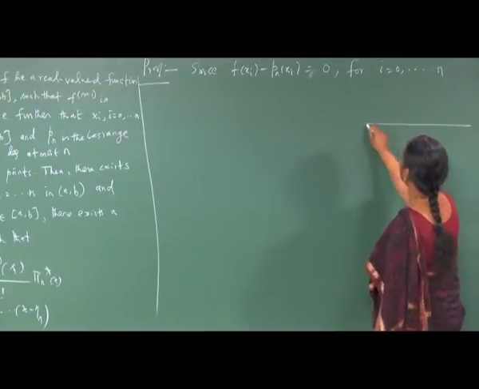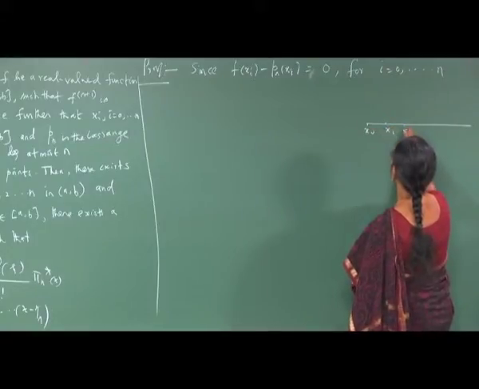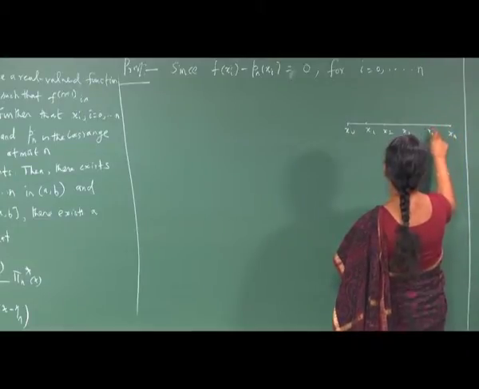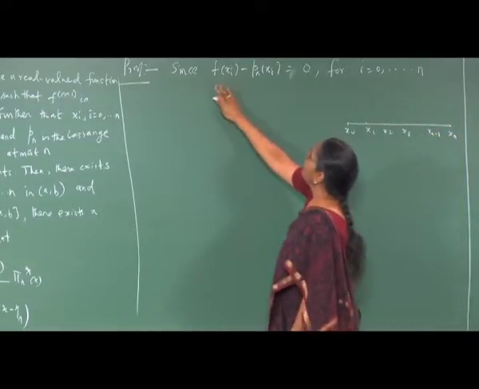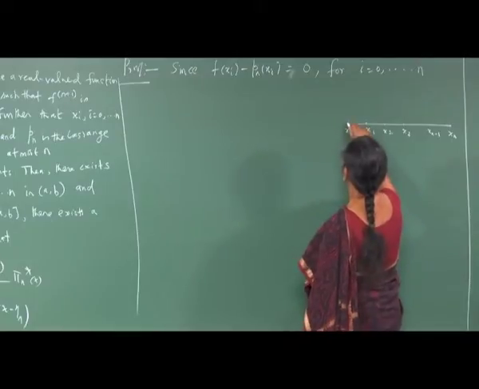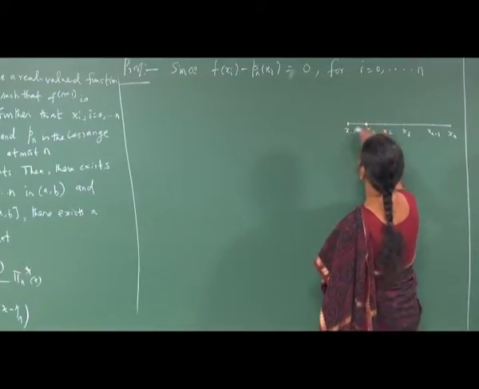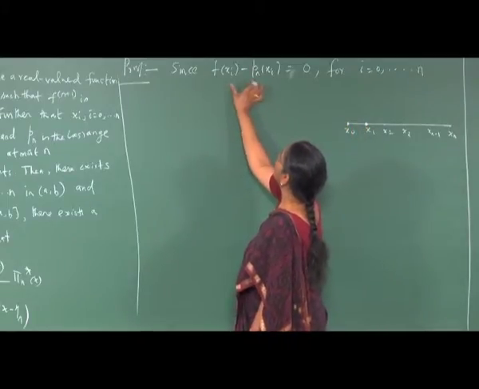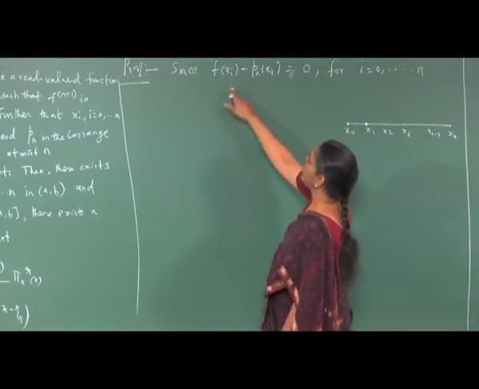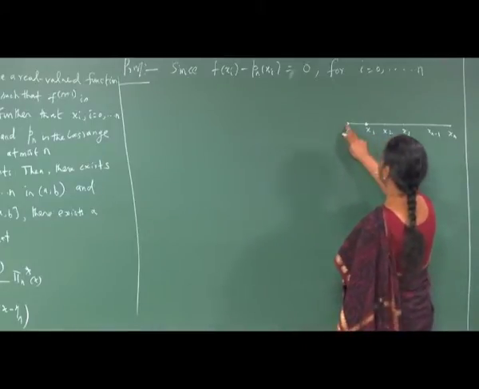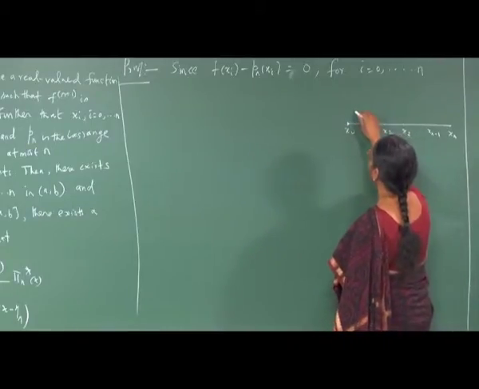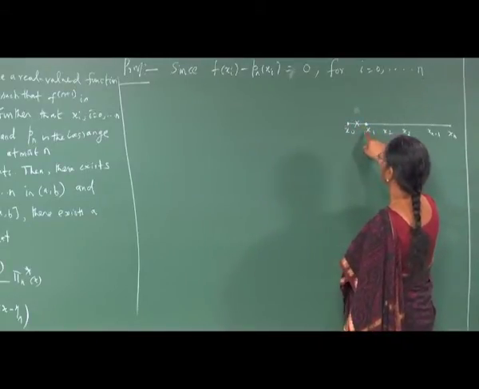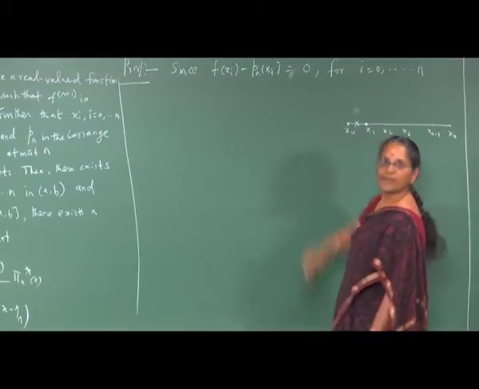So, what does that mean? These are the points x0, x1, x2, x3 up to xn minus 1, xn. It says f of x0 minus Pn of x0 is 0, f of x1 minus Pn of x1 is 0. So, f minus Pn evaluated at x0 is 0, at x1 is 0, and therefore, there must be a point between x0 and x1 at which the derivative must be 0.